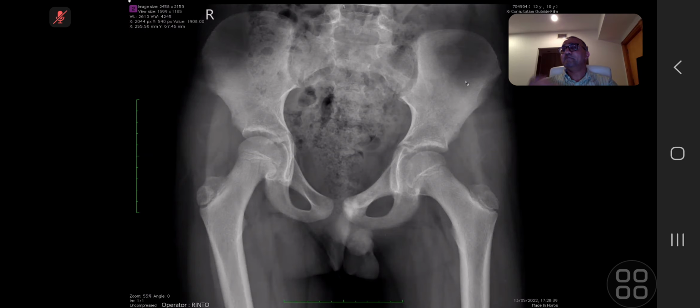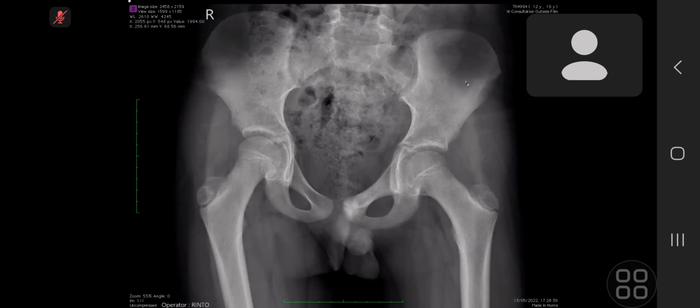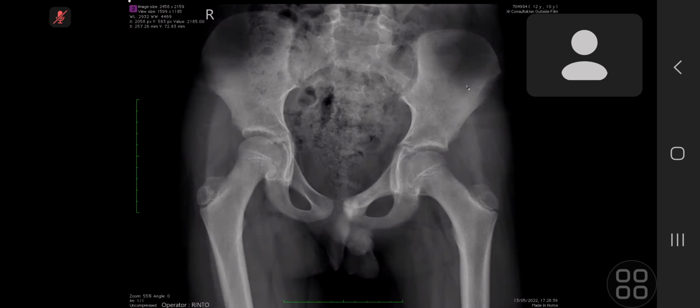There's nothing in the ilium. The SI joints look okay as well, to be honest. Maybe the sacroiliac joints show a bit of lucency and are slightly widened, but he's a young guy.